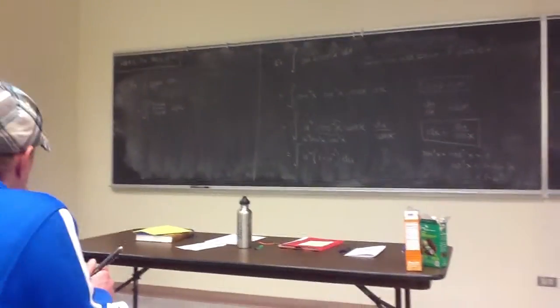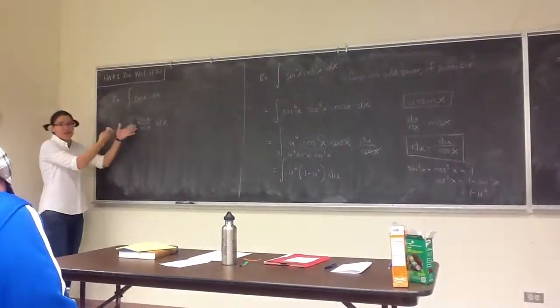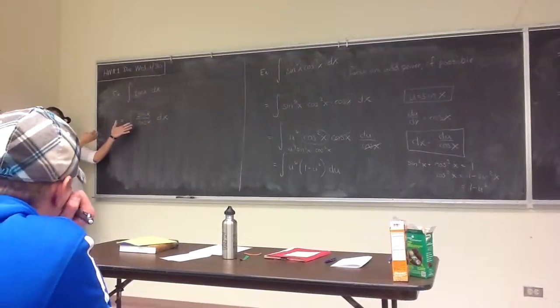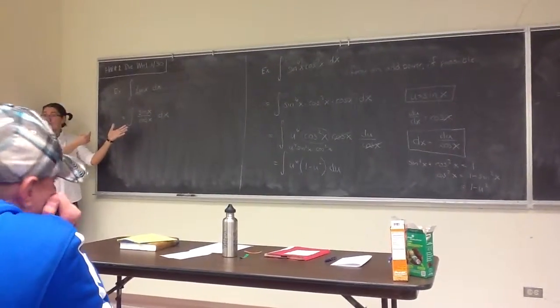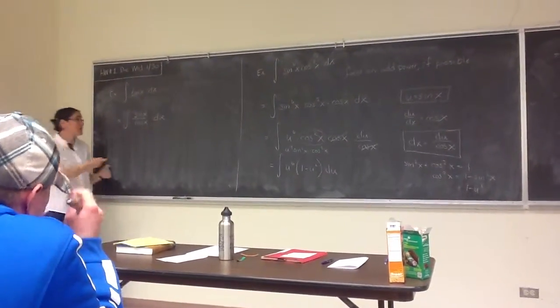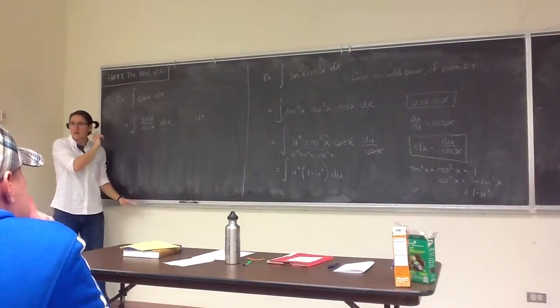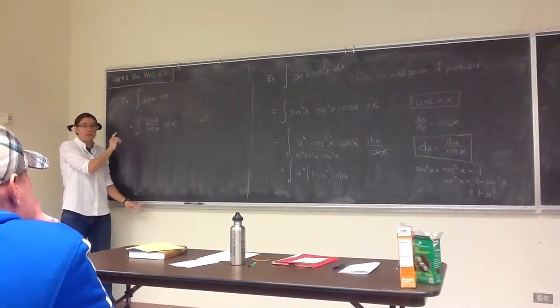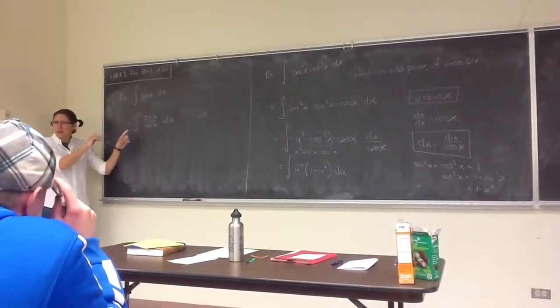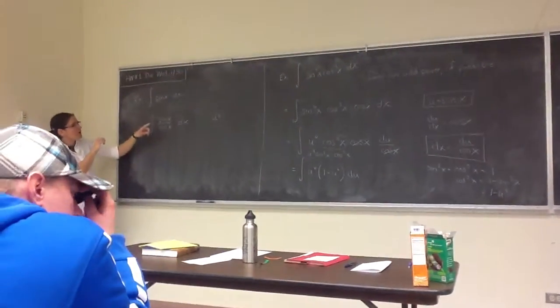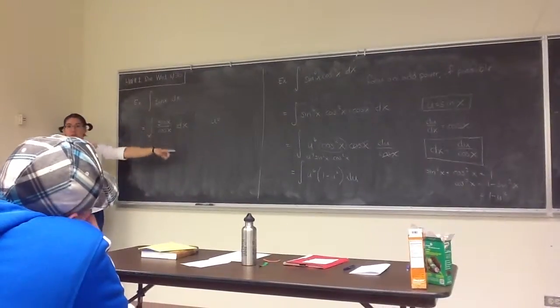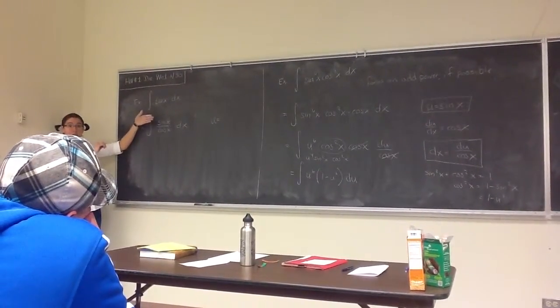Now I've got trig functions here, and I want to make a choice for u where the derivative of my choice is going to cancel one of the trig functions. Think about this for a second. In order to cancel, I need something that's in the top.